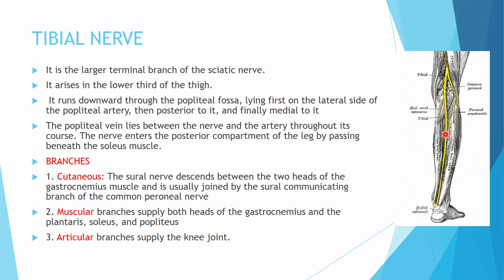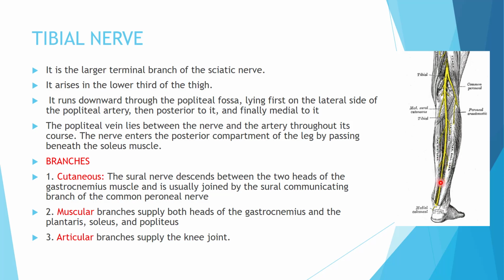Then it becomes posterior to the popliteal artery, and then it will be on the medial side of the popliteal artery. Then what is the relation of the tibial nerve with the popliteal vein? The popliteal vein lies between the tibial nerve and the popliteal artery throughout its course. The tibial nerve enters the posterior compartment of the leg by passing beneath the soleus muscle.